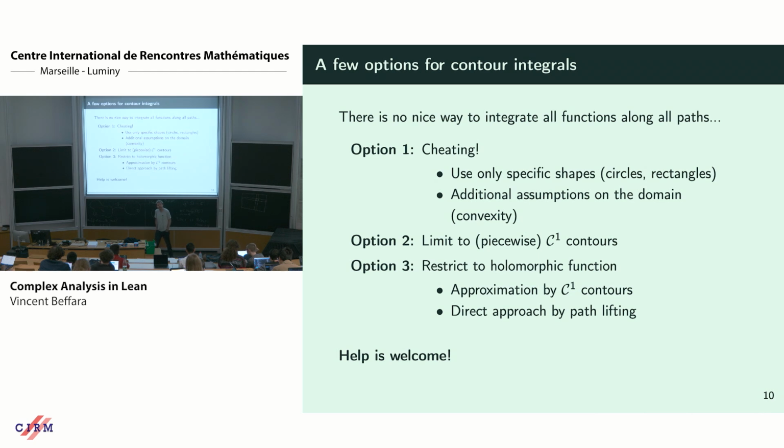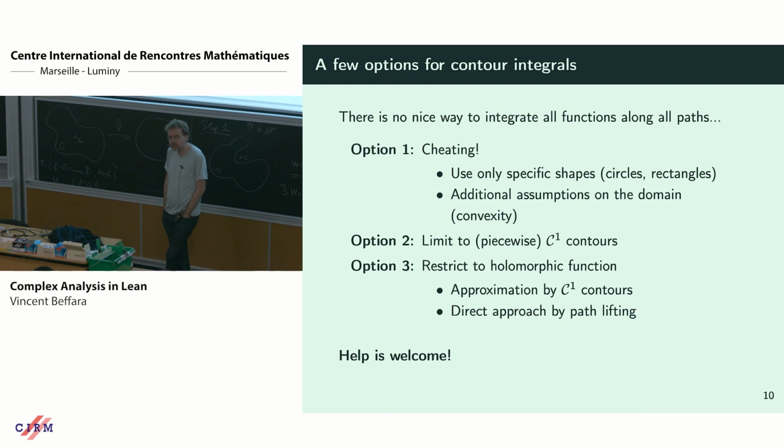Have you had a look at how they did general contour integrals in Isabelle with this winding number stuff? I looked in Isabelle, and everything I found was about acceptable contours which were piecewise C1. Maybe I didn't look where I should have, but I did not find more generality than that. Okay, I don't know.